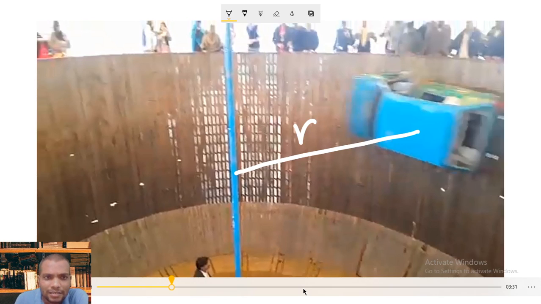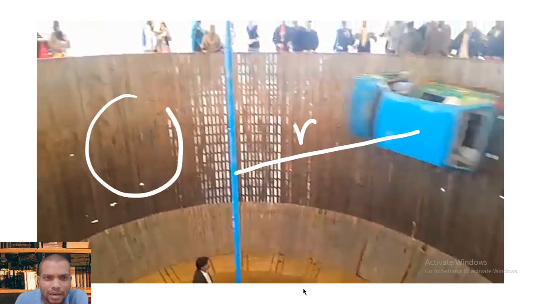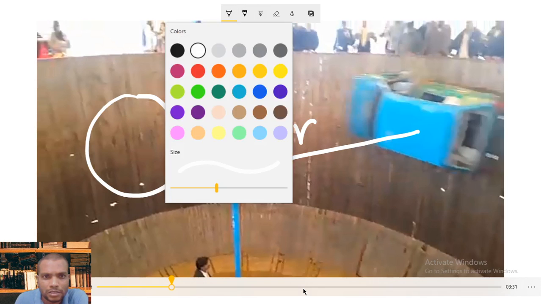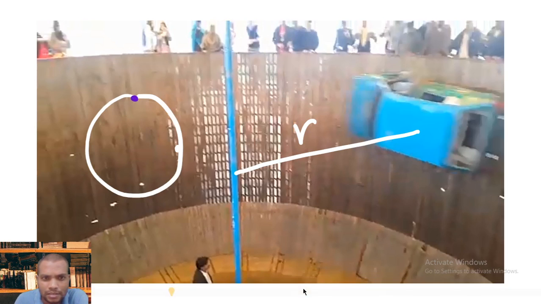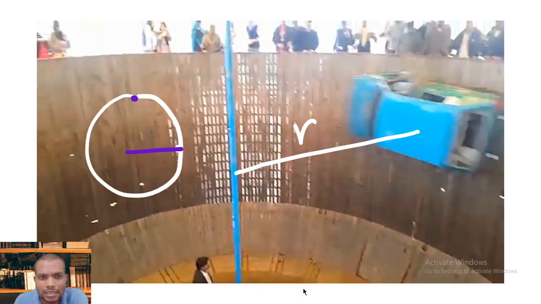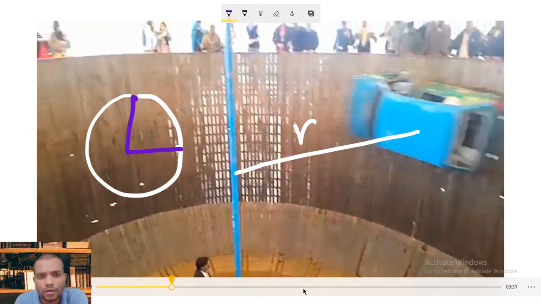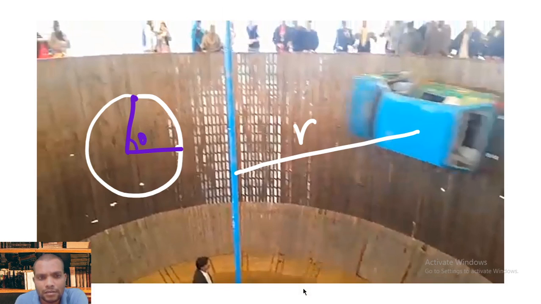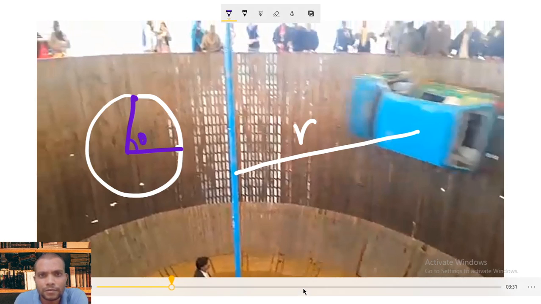Since it is a circle, the car is changing its position every time. Suppose this is a point A and this is another point B. So it is changing its position. This is defined as angular displacement theta.